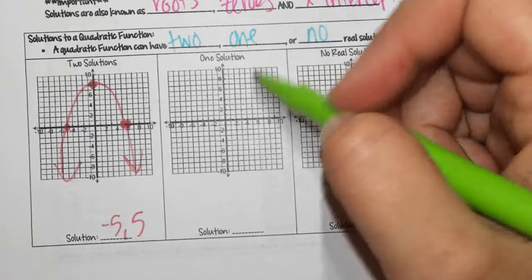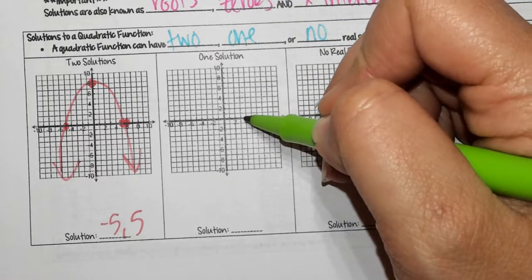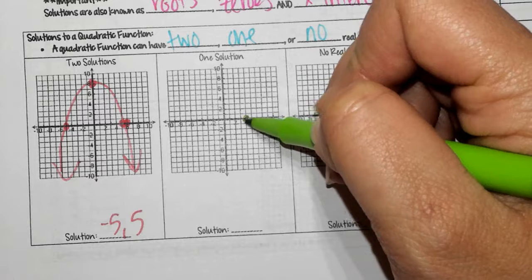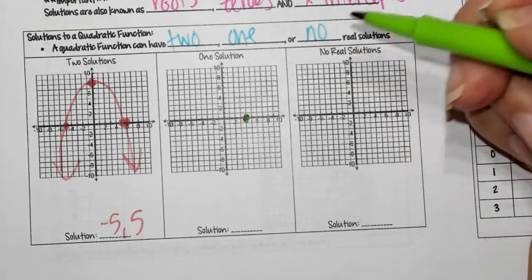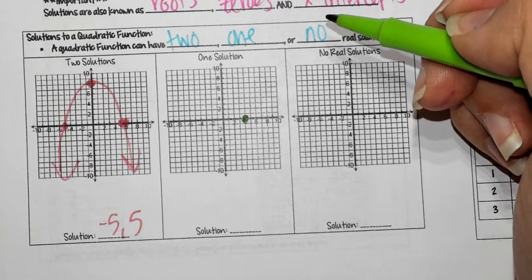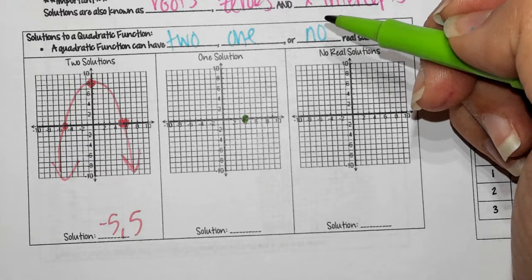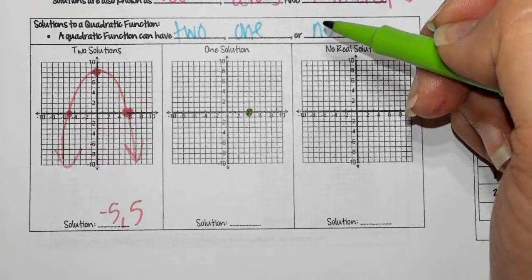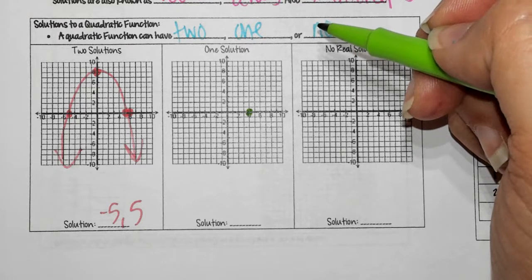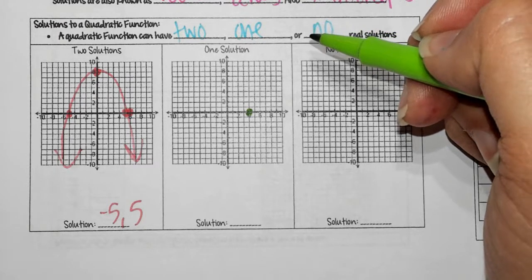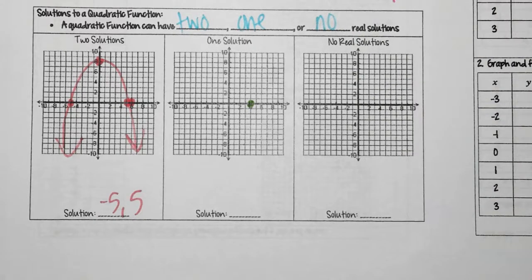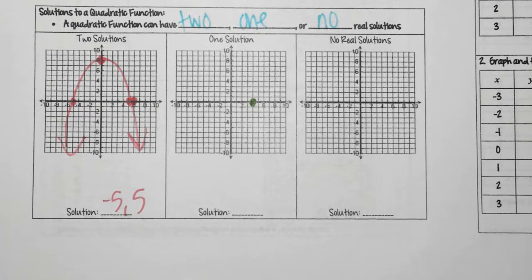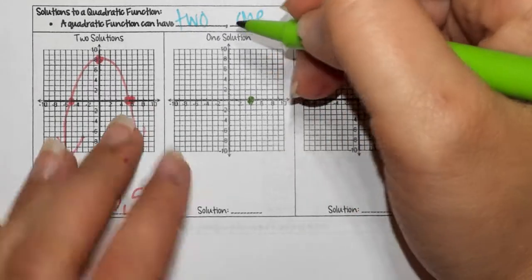Alright, so the next one, I want the vertex to be at 4, 0. Yes, I know I should have made the bigger copies, but it's a lot of paper. It would have been 6 or 7 pages by itself, and I don't want to do that, because we have to pay for our copies.